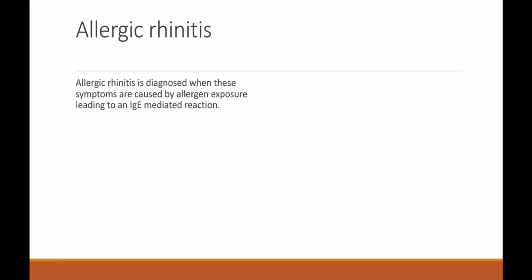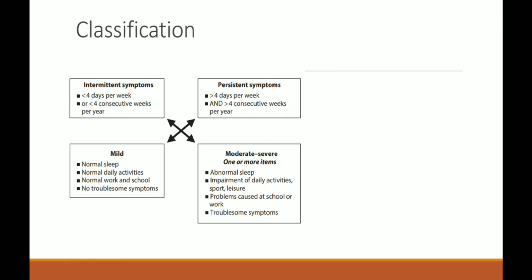So, what is allergic rhinitis? When these four symptoms are caused by allergen exposure leading to an IgE mediated reaction, then we call this allergic rhinitis. It is classified as intermittent or persistent.